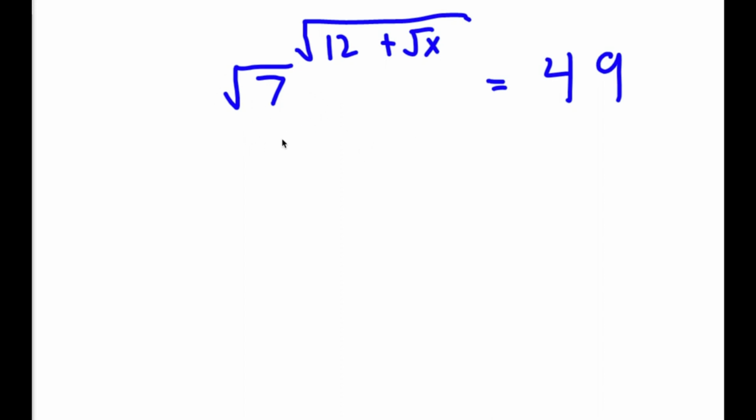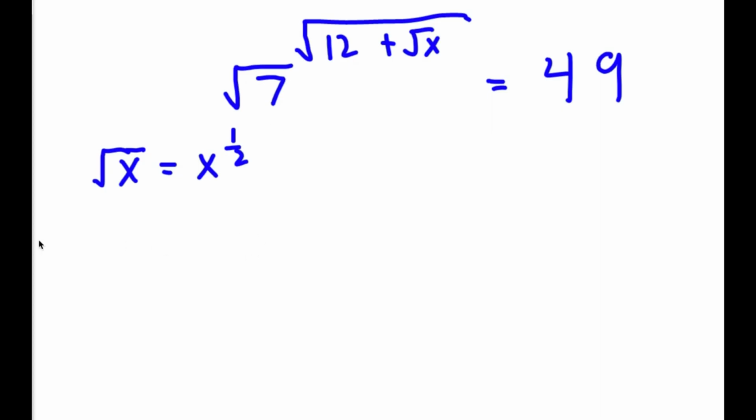So first off, we have the square root of 7 here. And any number in a square root, let's say we have square root of x, this is equal to x to the power of 1/2. So the square root of any number is that number to the power of 1/2.